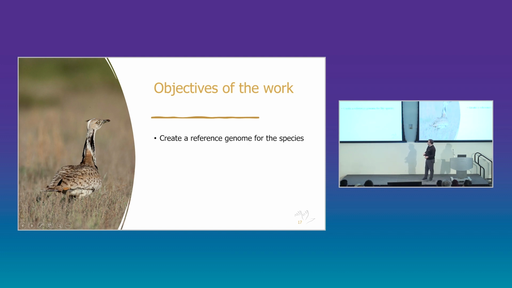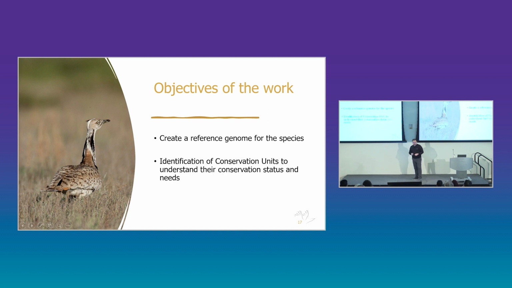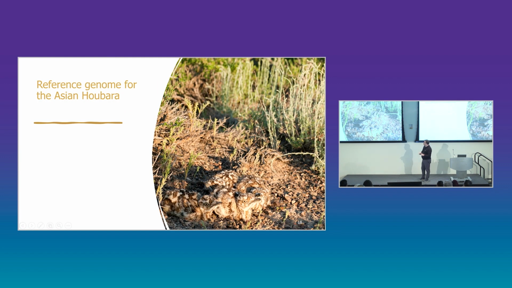The first stage was to create a reference genome for the species, because there was none, and then use this for resequencing data to identify conservation units within the species, and eventually propose conservation action. So for the reference genome, we selected one bird, which is actually today a founder and is still alive in the flock, which means that we're going to keep it as a reference.